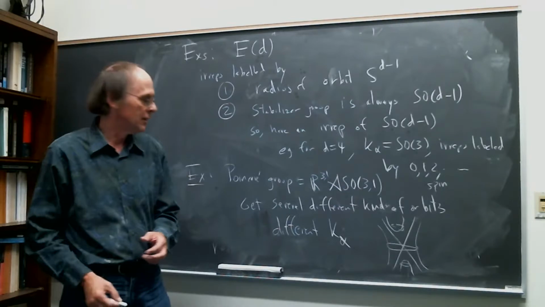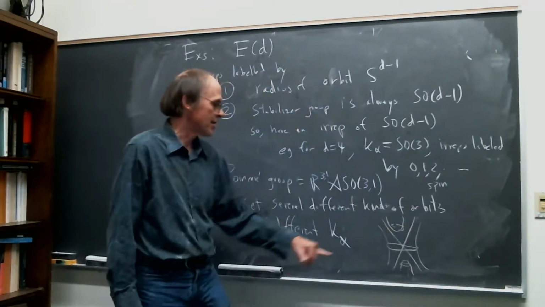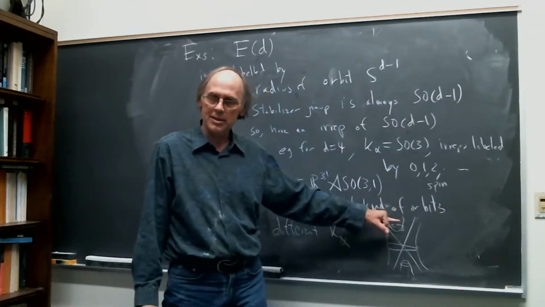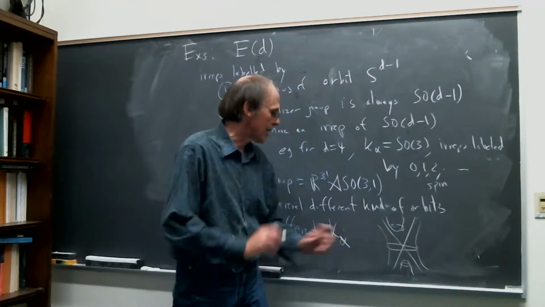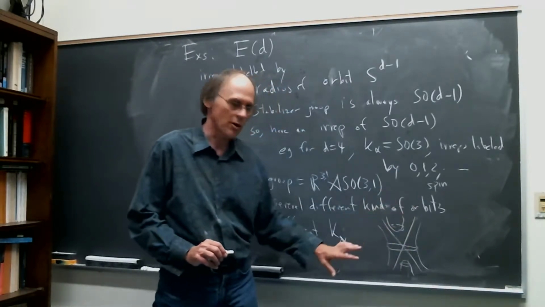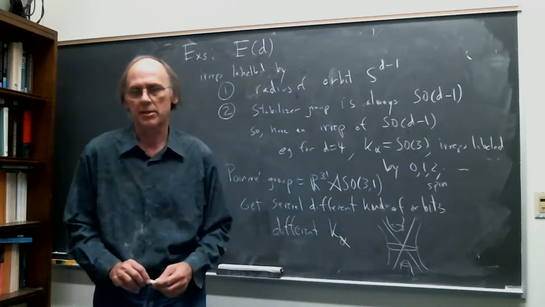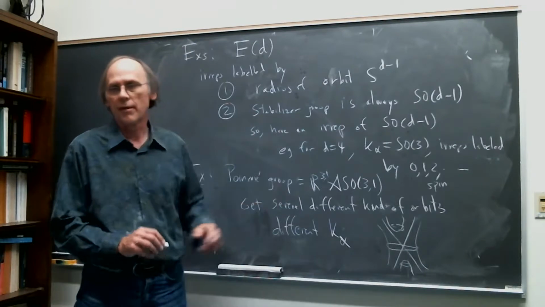There's an interesting story about the first Casimir being the mass squared, and then the second Casimir. Anyway, we'll get to that in the second semester. But these are the main cases of interest in physics.